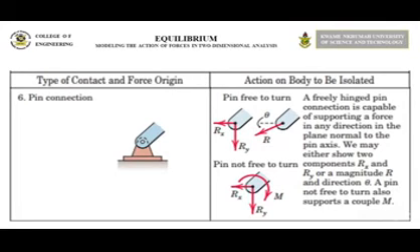For a free to turn pin, the connection is capable of supporting a force in any direction in the plane normal to the pin axis. Therefore, we may show two components, Rx and Ry. Rx is the resultant force resolved on the x-axis. Ry is the resultant force resolved on the y-axis. A pin not free to turn supports Rx and Ry and also supports a couple.